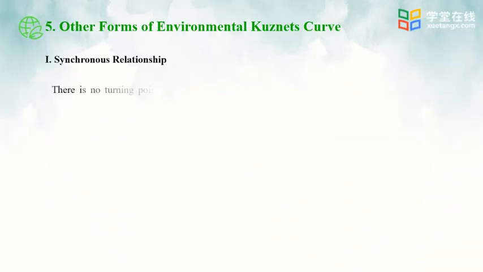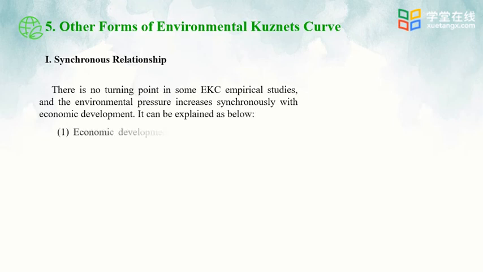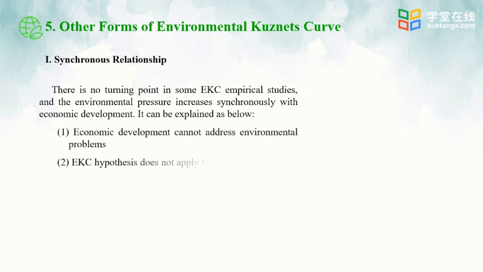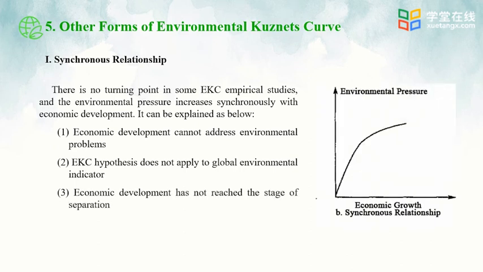We have mentioned that the form of EKC is unfixed. Now, let's take a look at other forms of it. The first one is the synchronous curve. In this case, there is a positive correlation between environmental pollution and the level of economic development.